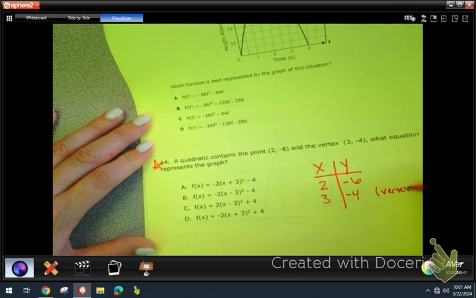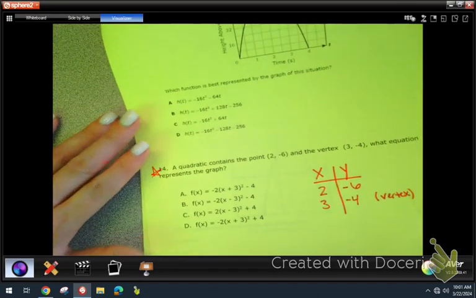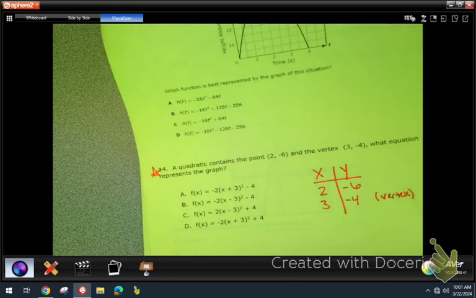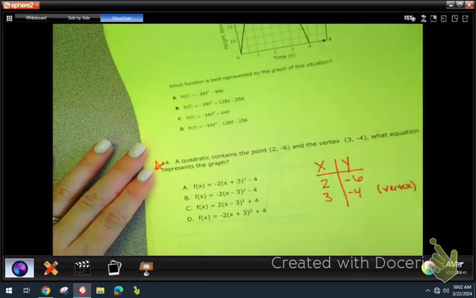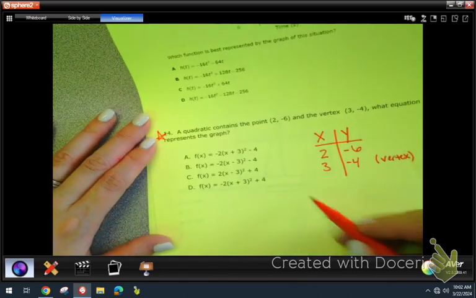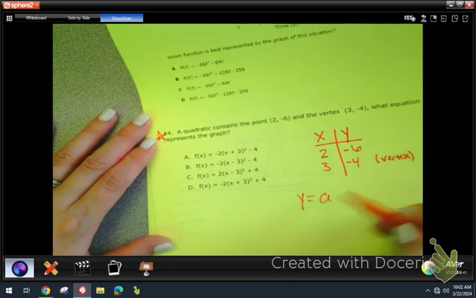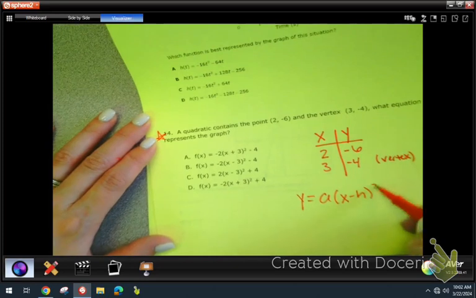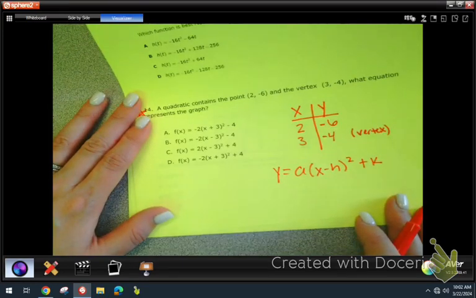The vertex. Okay. So, if you remember, last class, I said, which form can you see your vertex in? Vertex form. Okay? If you remember where your vertex goes in vertex form, you might be able to figure out this problem a little bit quicker. Do y'all remember where your vertex goes? This is what vertex form looks like. This is on your formula chart. So where does your vertex go? Anybody remember? At the top.